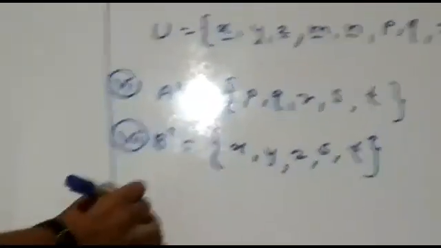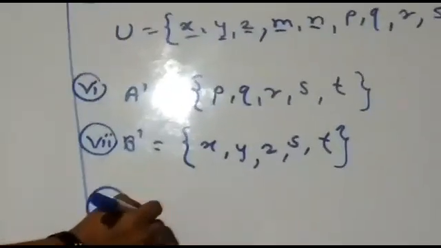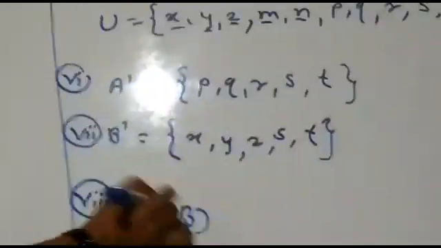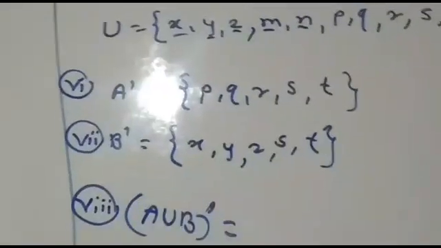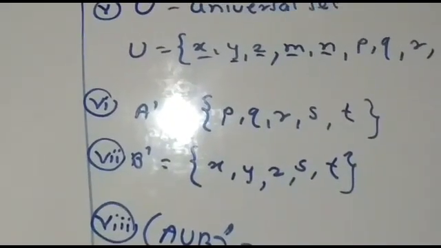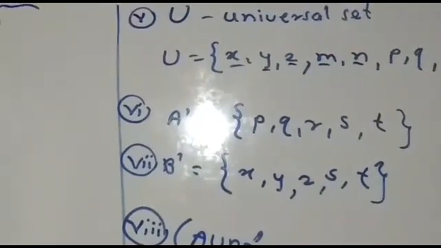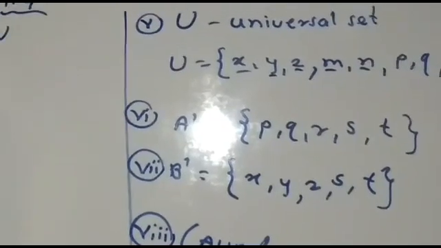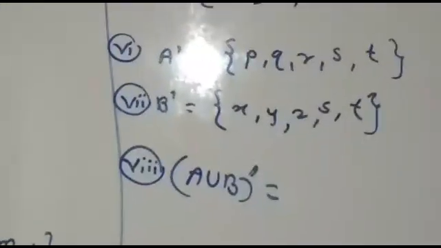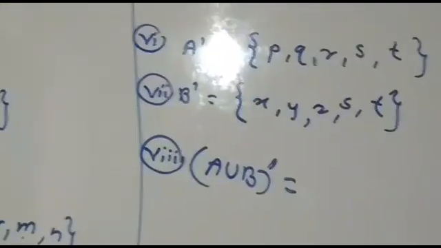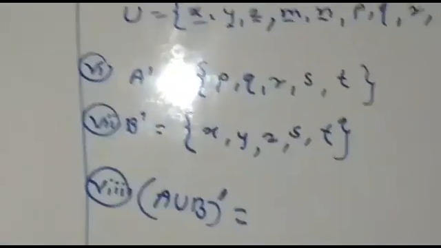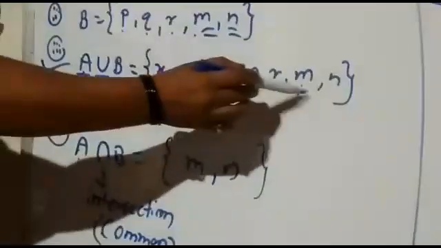Then next set they use A union B bracket intersection. Sorry, A union B complement. How to write A union B complement? In A union B complement, here we have to write A union B first. In A union B set, X, Y, Z, P, Q, R, M, N elements are present.